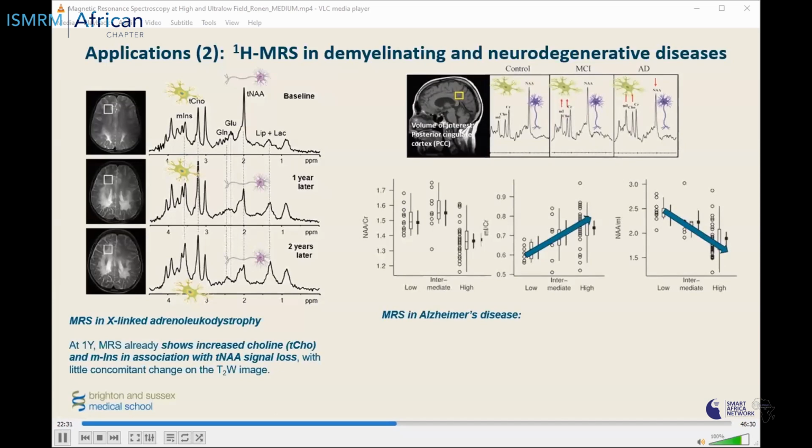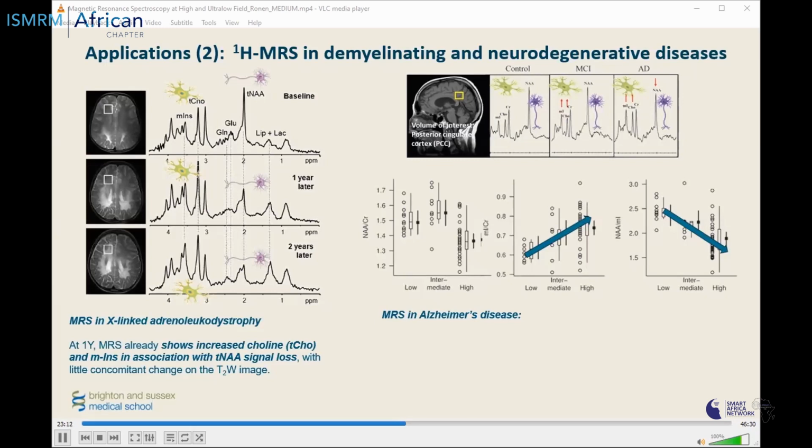In a, let's say, more famous disease, which is Alzheimer's disease, we see similar processes. So if we look at healthy controls versus patients that have what we call mild cognitive impairment versus patients that have full-fledged Alzheimer's disease, we have a gradual decrease in N-acetyl aspartate and gradual increase in those glial markers, again indicating that there might be an inflammatory process going on, but definitely an increase in number of glial cells, possibly astrocytes, something that also has been substantiated by post-mortem studies.